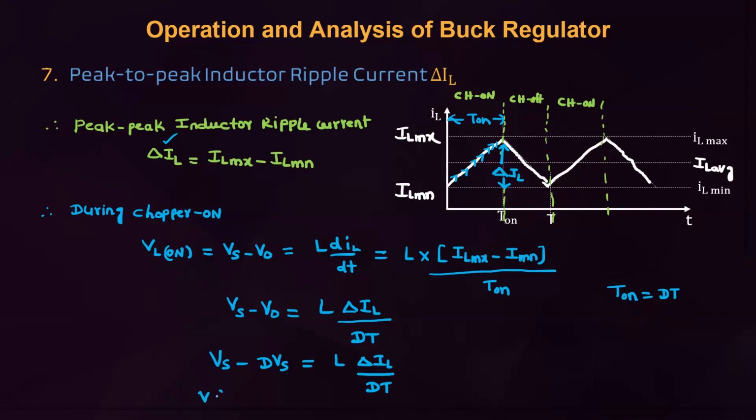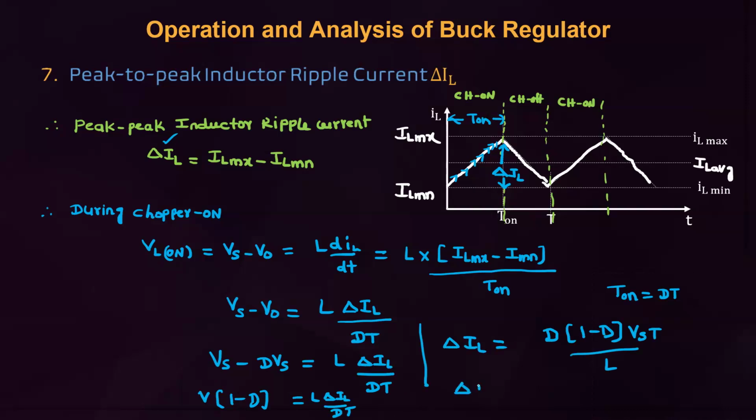Take Vs common: (1 minus d) Vs equals L into delta IL by dt. From this, you calculate delta IL. Delta IL equals d into (1 minus d) into Vs into T by L.